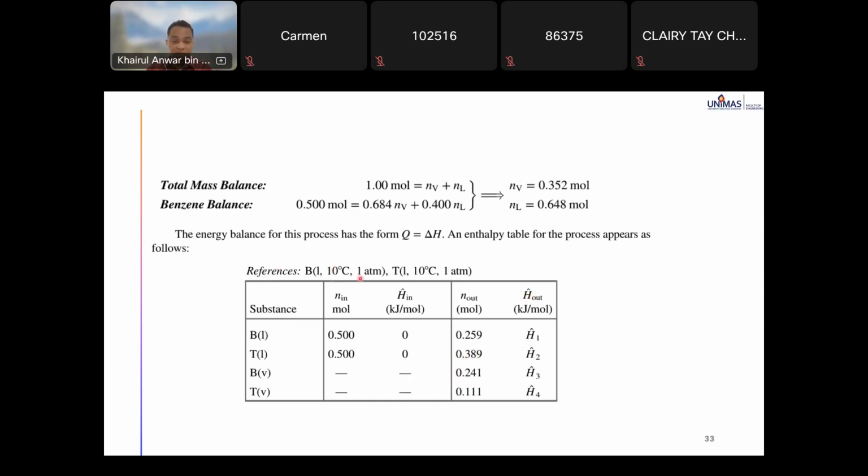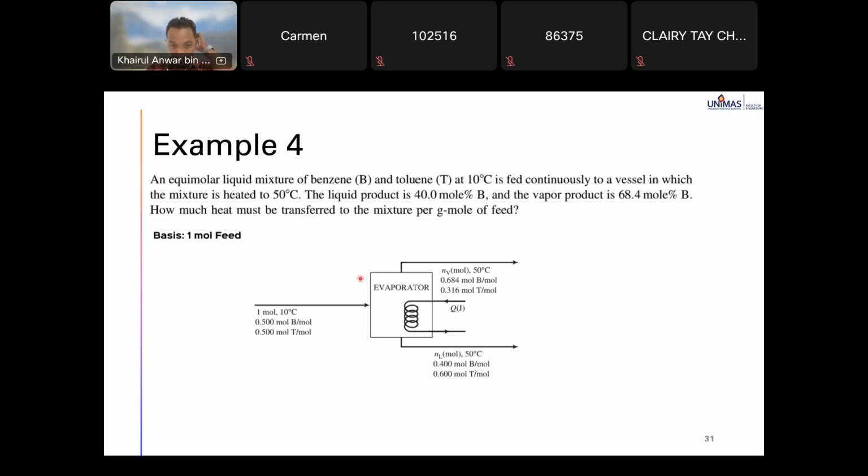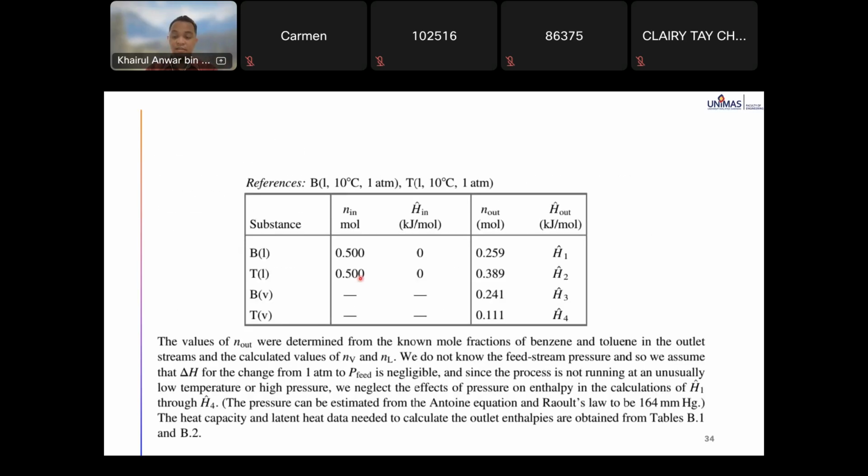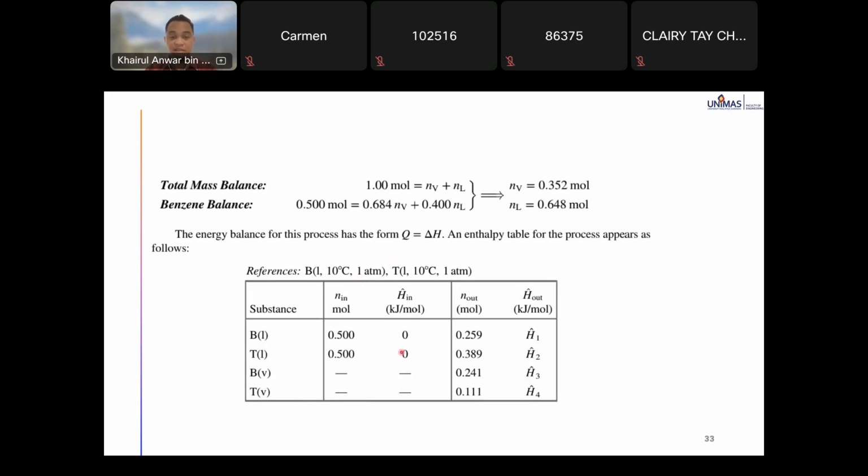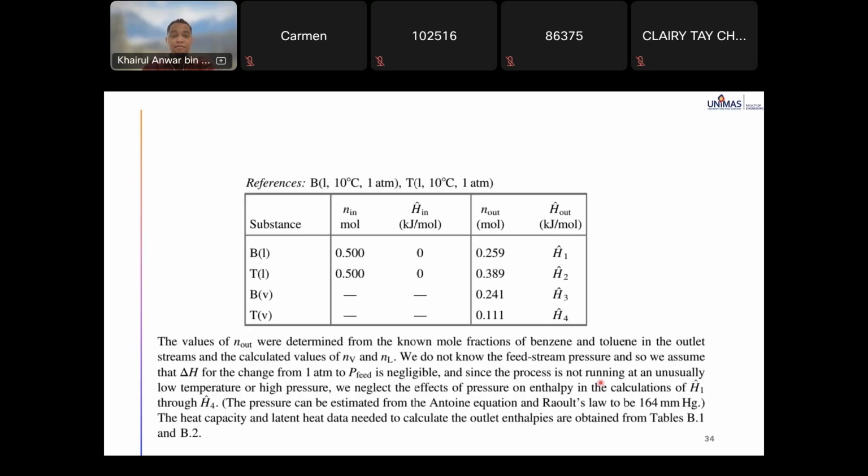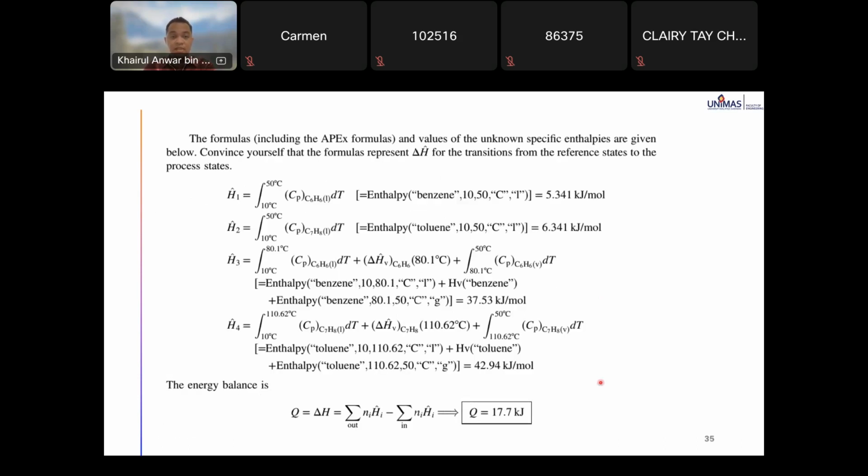The reference is 10 degrees C. Both of these are inlets, that's why H in is equal to 0. You need to calculate H1 until H4. The table is important. To calculate H1, you use changes in temperature, Table B2 Cp.